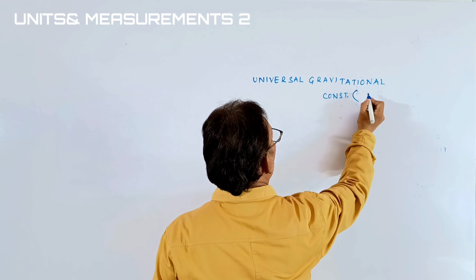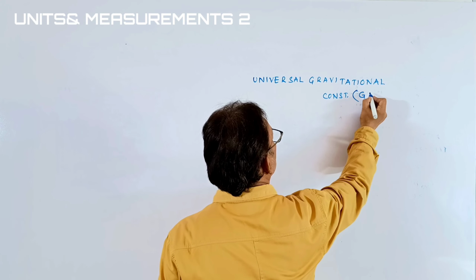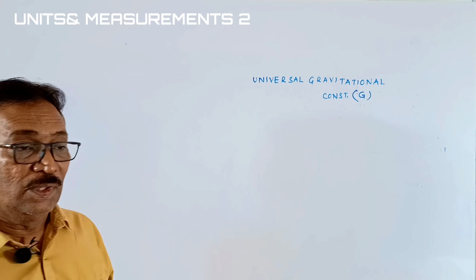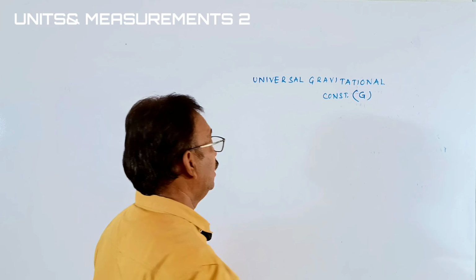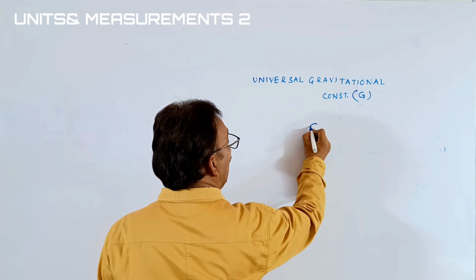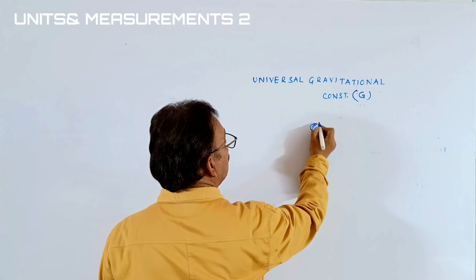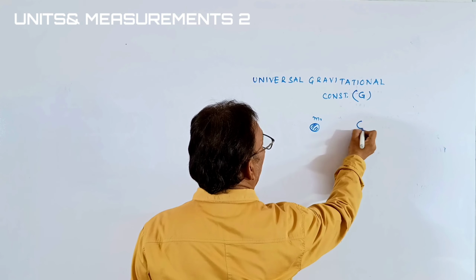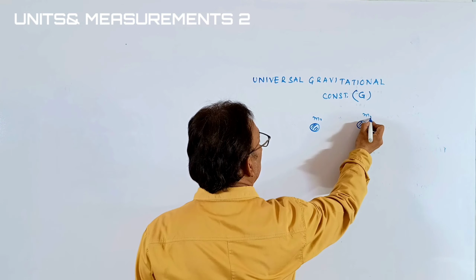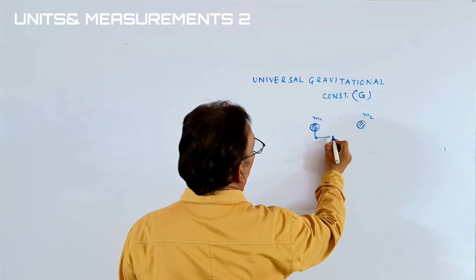Generally, this constant is shown with the letter G, students. This universal gravitational constant explains the force acting between two bodies. Let's say it is the mass m1 and we have one more mass m2. They are separated by a distance of d.